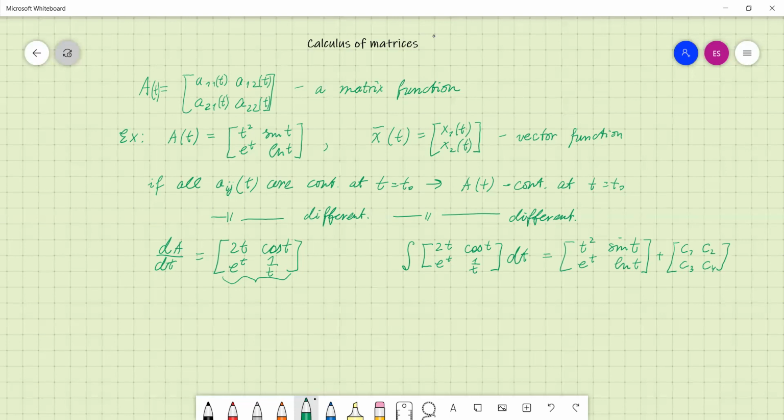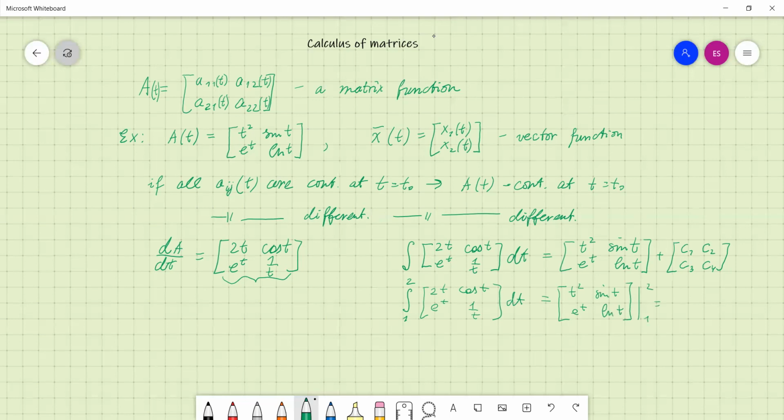If you want to do a definite integral, we can do something like this. Take the very same integral, but put some numbers here. For example, let's calculate it from 1 to 2. We already know the result of integration, right? So 2t, cosine of t, and so on. I'm going to do the very same integral, but use my limits. dt is going to produce the matrix t squared, sine of t, e to the power of t, ln of t, and the limits are from 1 to 2.